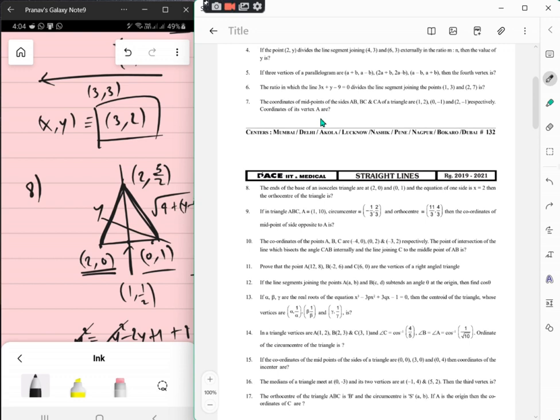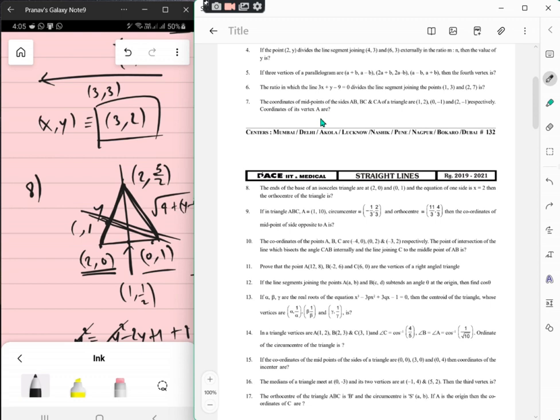Oh wait, but if this has slope infinity, it's just x equal to something. Then this guy should have slope 0 because x equal to something is a vertical line, y equal to something is a horizontal line. So this guy must have slope equal to 0. There's only one way for that to happen, that this guy must be 1 and something.